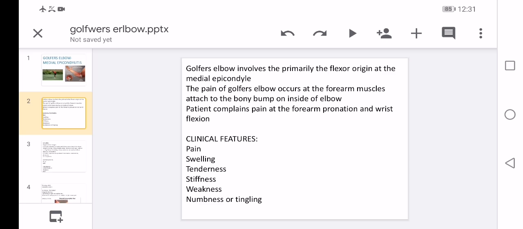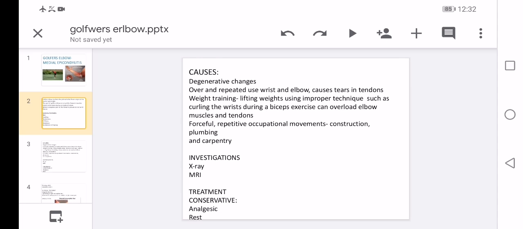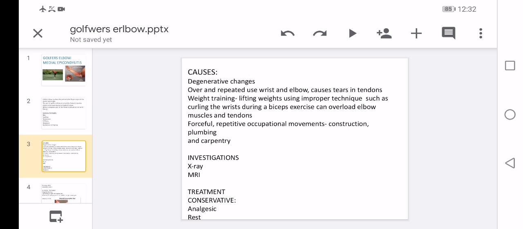Then the clinical features: you might have pain, swelling, tenderness, stiffness, weakness, numbness or a tingling sensation. The causes include degenerative changes, and overuse and repeated use of your wrist and elbow, which can tear your tendons.